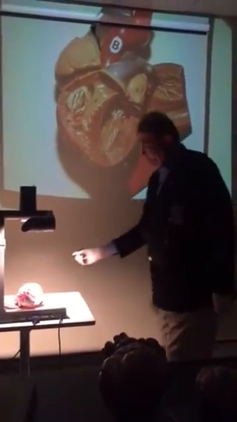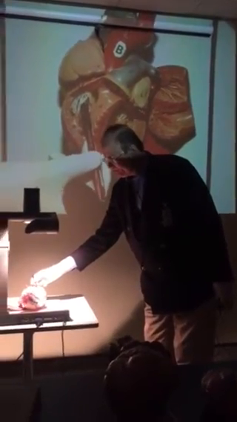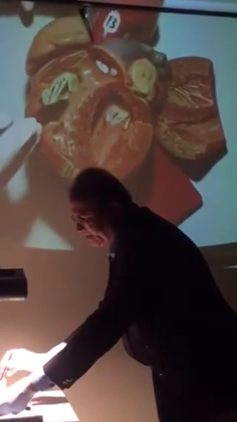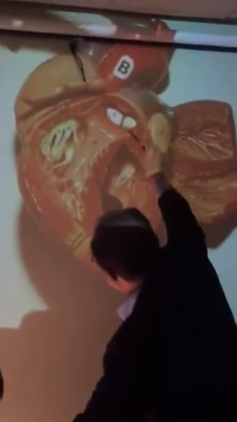You can see this cusp is the anterior cusp. This one. And then on the septal side, this is the septal cusp. Can you see that? Not clearly. Can you see it now? Can you see this whitish part here, where the shadow of the pen is? Yes. This is the septum.